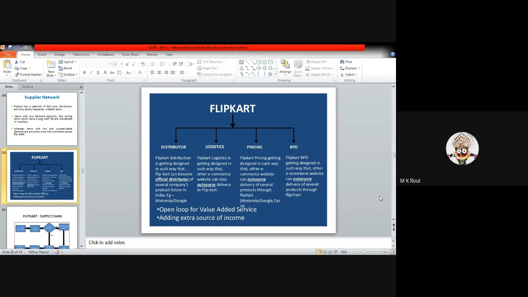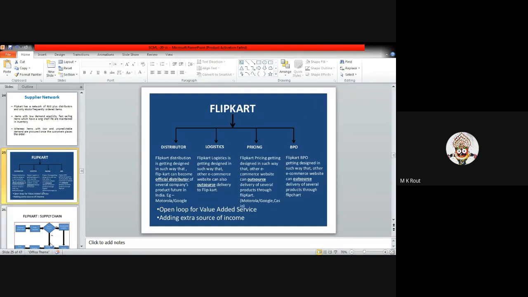And the next important thing is that it also focuses on BPO, business process operations. Flipkart's BPO is designed in such a way that other e-commerce websites can outsource work to Flipkart. So these directly add value in the case of open loop and add an extra source of income for Flipkart.